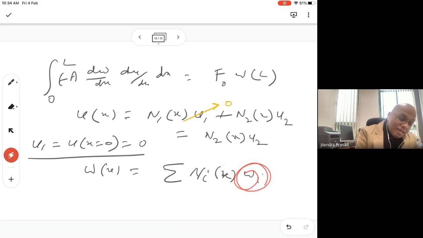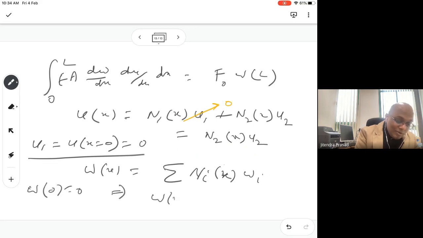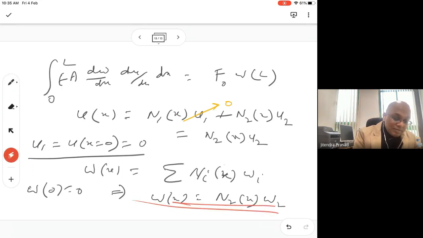Similarly, if there is U1, U2, U3, you also have W1, W2, W3 at those x. And since W0 equal to 0, you can write Wx equal to N2x multiplied by W2, right? So this is the W you get.